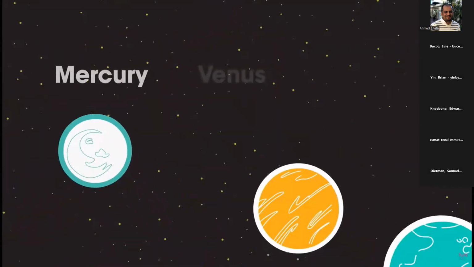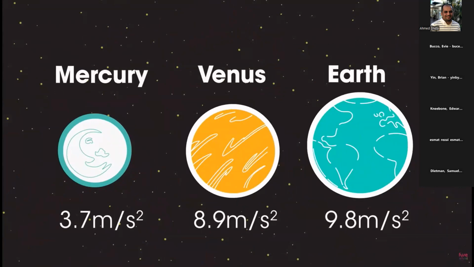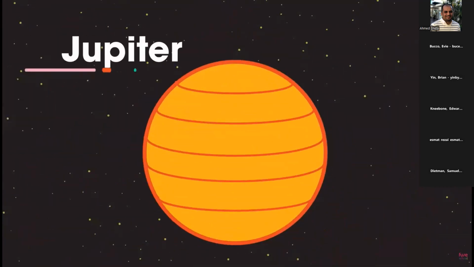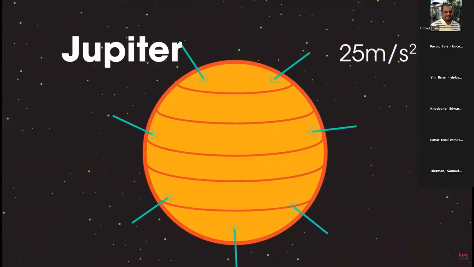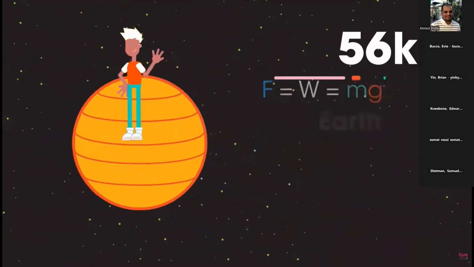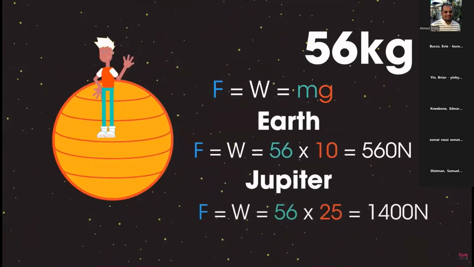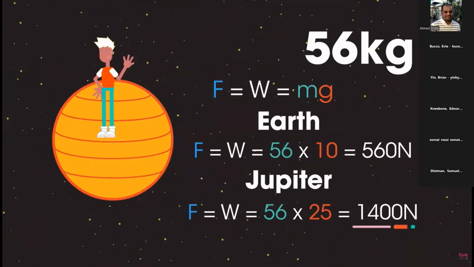See how gravitational field strength changes on the surface of different planets. This is because the planets have different sizes and masses. The largest planet, Jupiter, with the greatest mass, has the highest gravitational field strength. My weight on Jupiter, if there was a solid surface to stand on, would be 1,400 newtons.